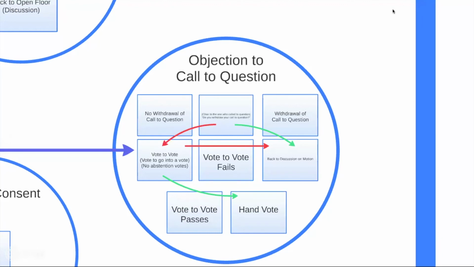So we're taking a hand vote now on the original motion, which is to bring Doja Cat to extravaganza. If you would like to vote yes in our example, please raise your hand. And if you would like to vote no, go ahead and do so the same way.